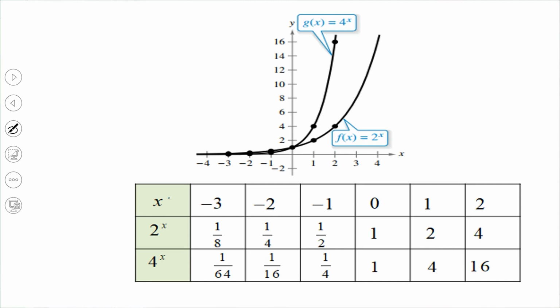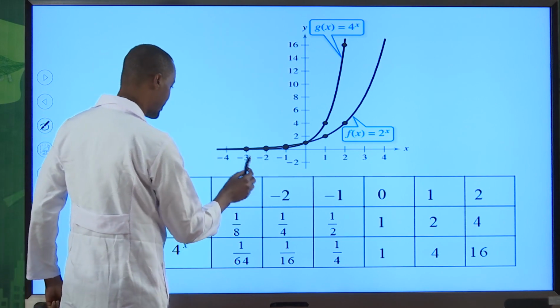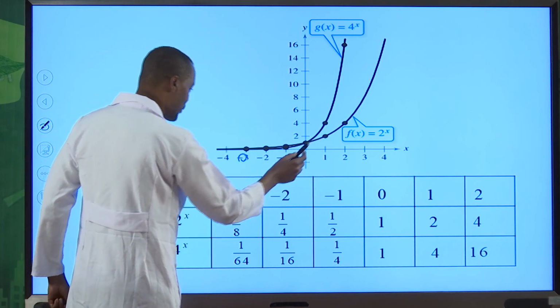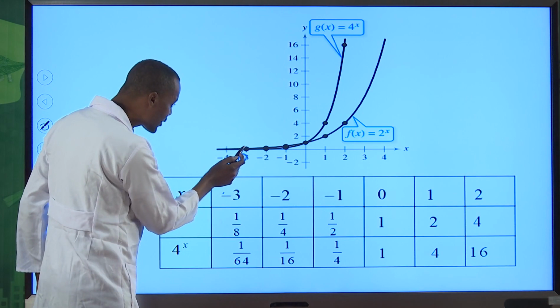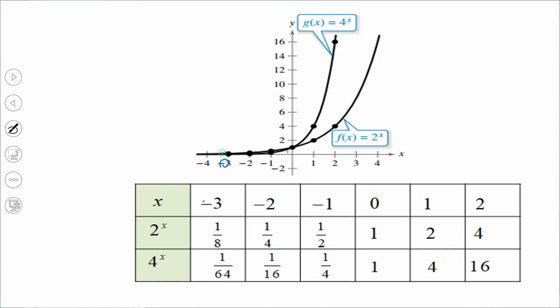For example, whenever x is minus 3, for the exponential function 2 to the power of x, I have 1/8. When the value of x is minus 3, I have 1/8. 1/8 is very close to the x-axis itself, because 1/8 is somewhere over there, very close to the origin, and then it will be that point.